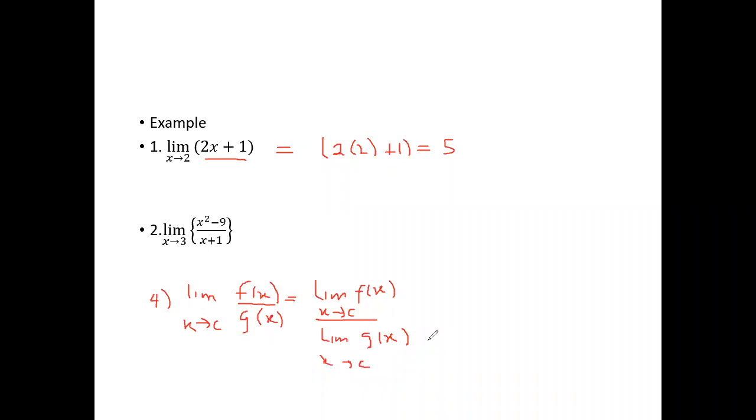Okay. Then let's add this one. So rule 5 will be the limit of f of x raised to the power, let's say 1 over n, the nth root, as x approaches C, will be equal to the limit of the function f of x as x approaches C, all raised to the power of the index.